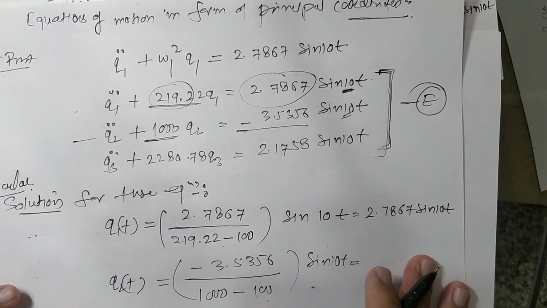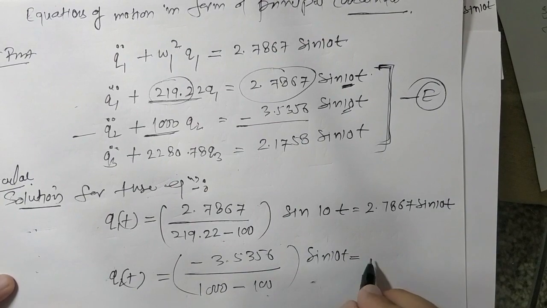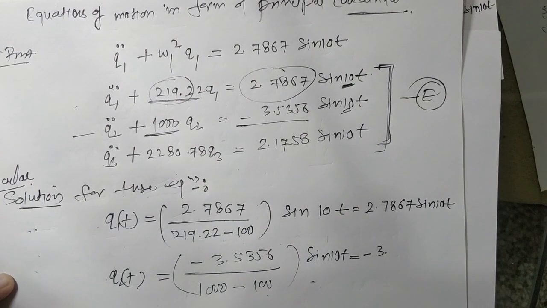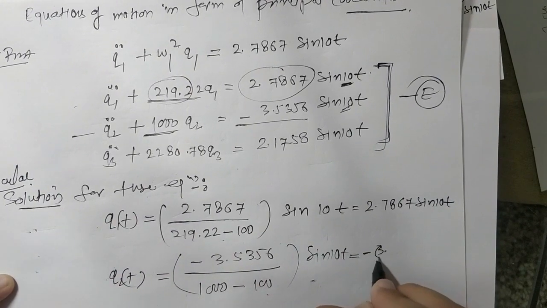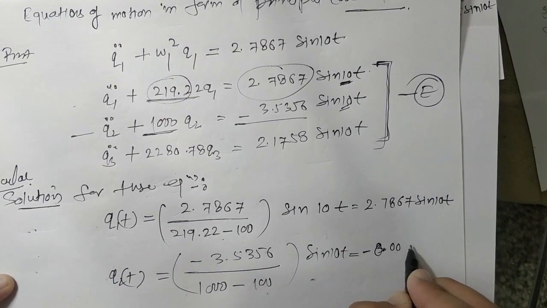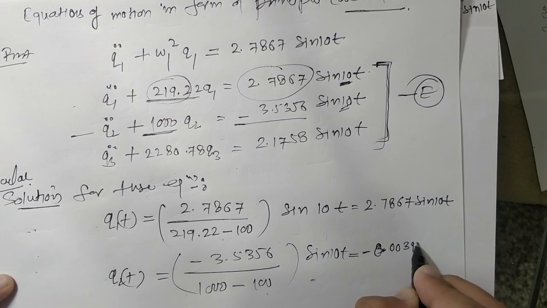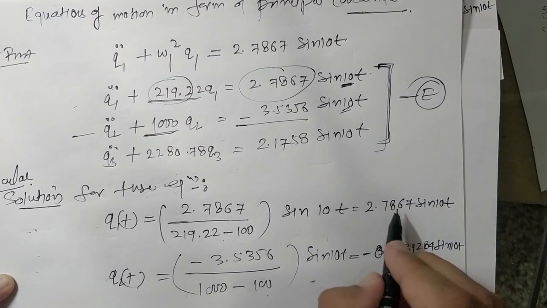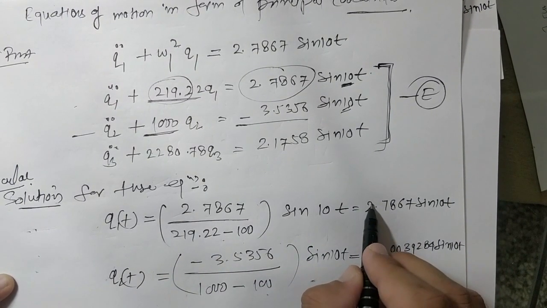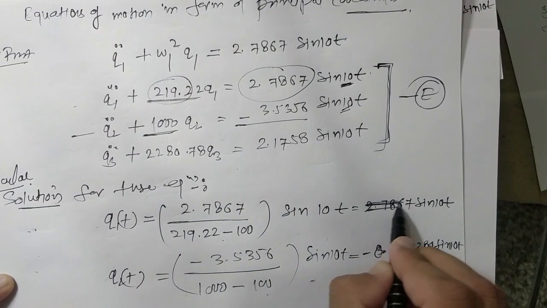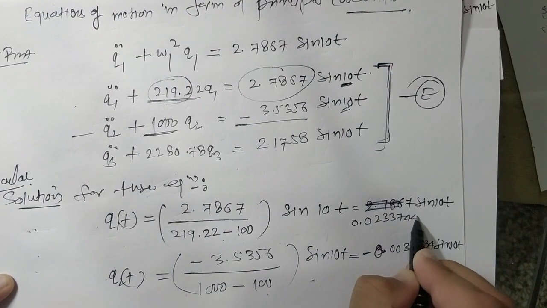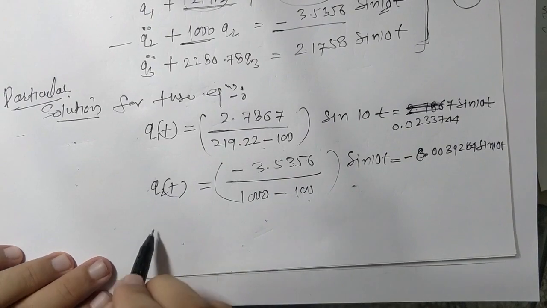And if we sort this out, this becomes minus 0.0039284 sine 10t, and this calculation is 0.0233744.